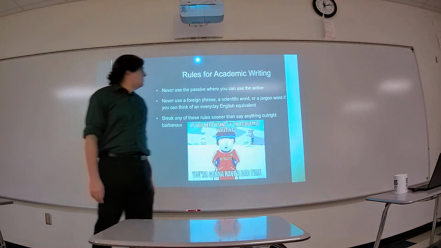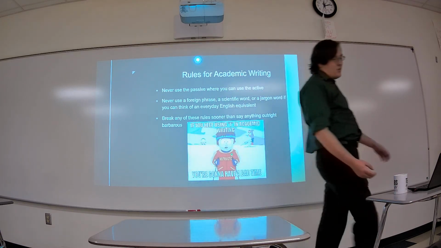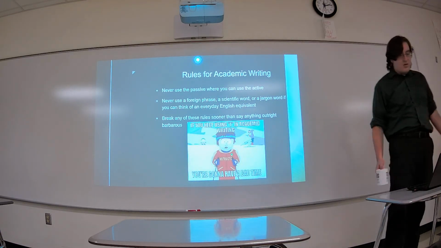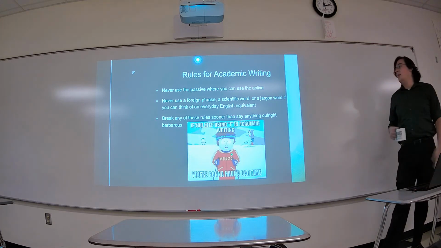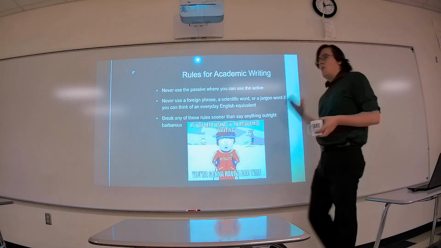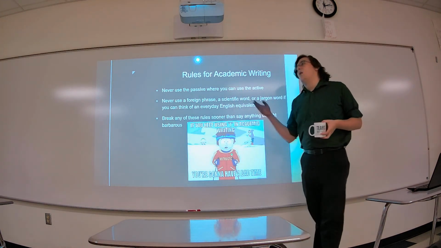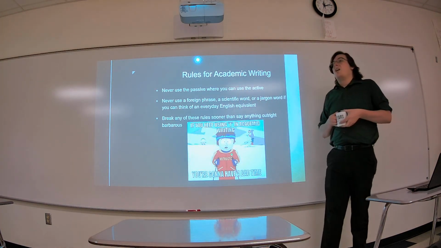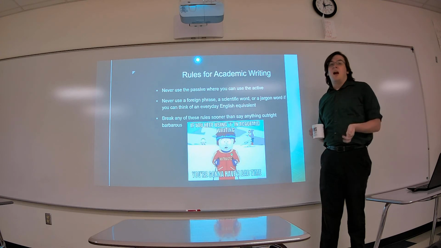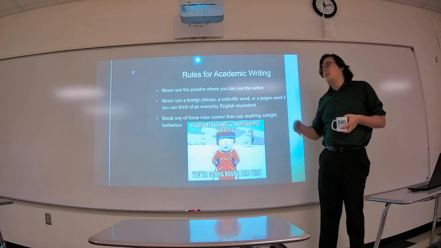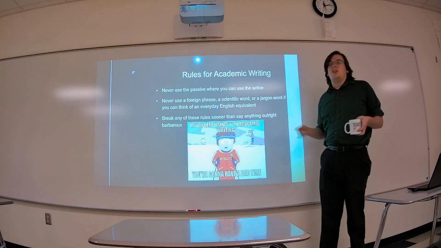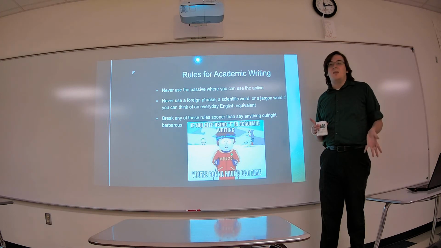Rule number 5, never use a foreign phrase, a scientific word, or a jargon word if you can think of an everyday English equivalent. Again, you don't want to be overly sophisticated. You want your points to be expressed as clearly as possible, because the more you try to use these jargon words or bigger words that you're less likely to understand the meaning of, the more likely you are to misuse them.